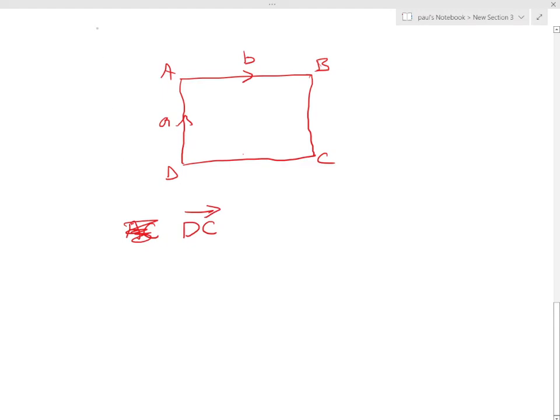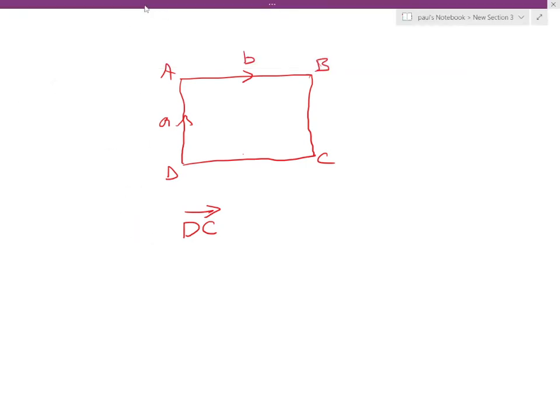Now the problem we have here is there's nothing going on here. So normally we go up that one, across the top, and down the other side. But we don't have a down the other side. So how do we do this?